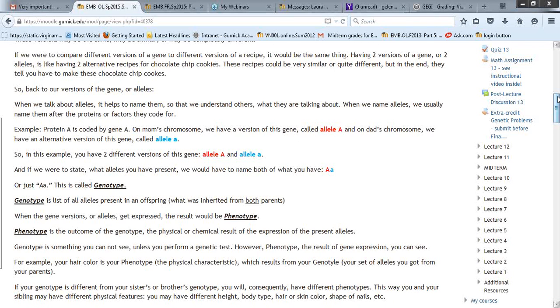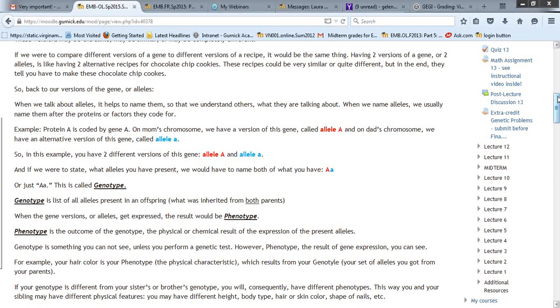So if we were to state what alleles you have in every diploid cell of your body, we would have to name both mom's and dad's alleles that you inherited. So the list of the alleles you've inherited is called the genotype. Once again, the genotype is the list of all alleles present in an offspring, so whatever was inherited from both parents.